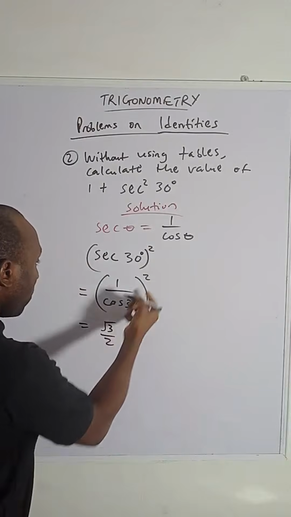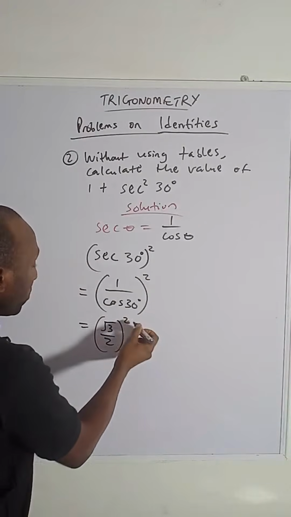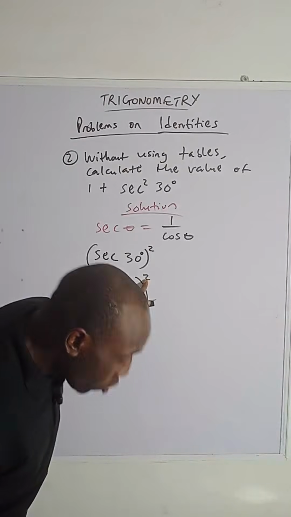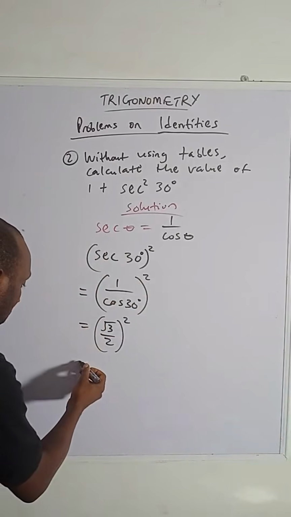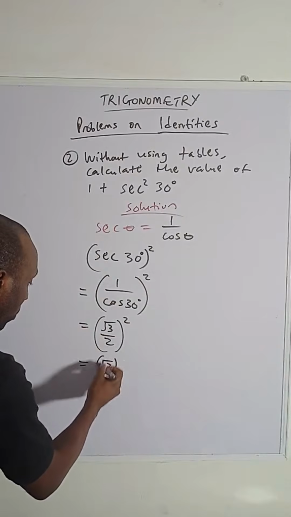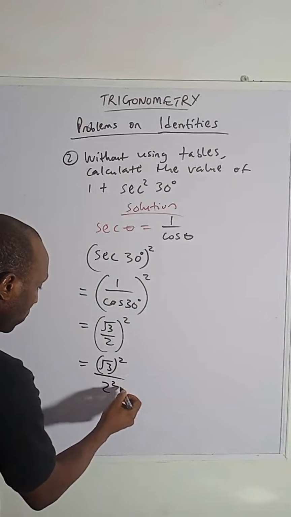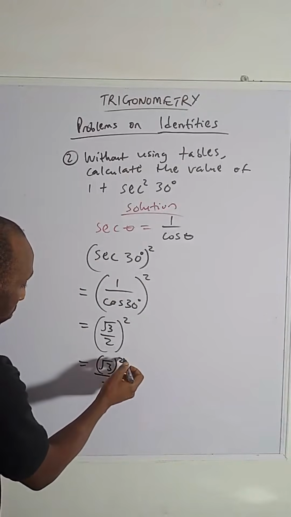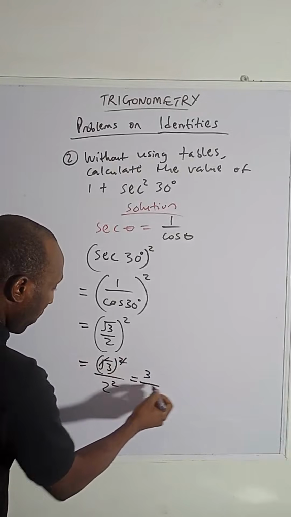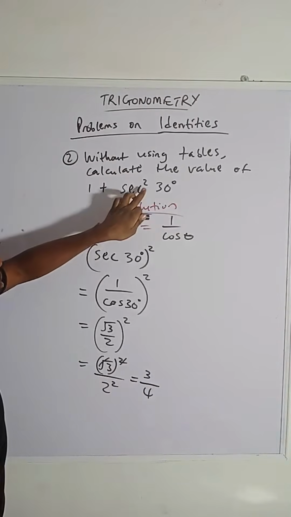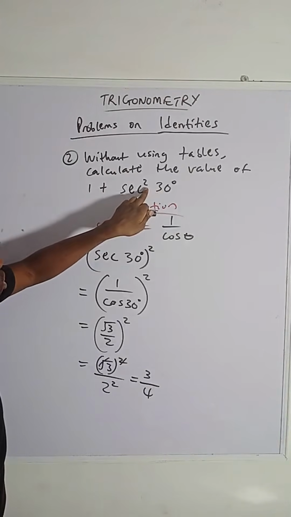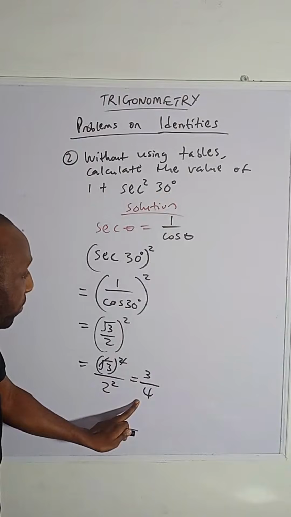But we have a square here, so the square will be distributed to root 3 and 2. This is root 3 raised to the power 2 over 2 raised to the power 2. The square root cancels the square, so you have 3 over 4. So sec squared 30 degrees is equal to 3 over 4.